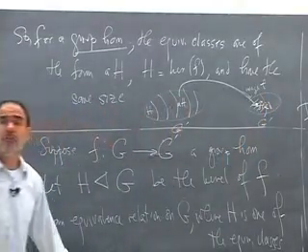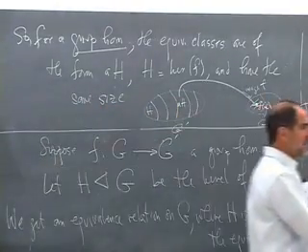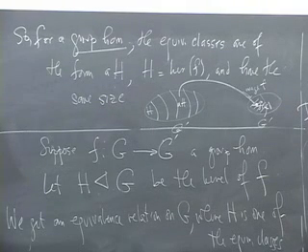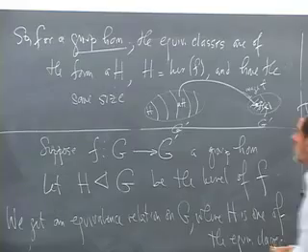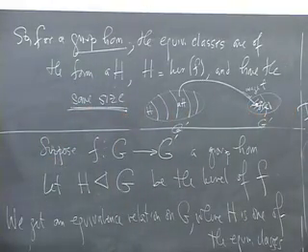Now that's not true of maps of sets. I could have a map of sets that takes a 3 element set to a 2 element set, taking this element to this and these 2 elements to that.